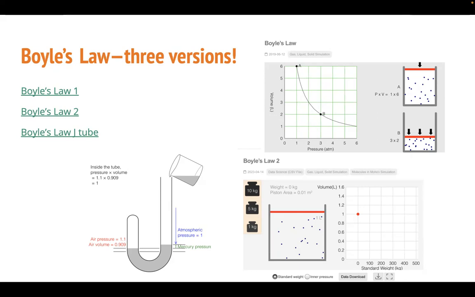But with definitely the Boyle's Law 1 and the Boyle's Law 2, you could actually make an entire lab out of that if you just wanted the students to really look at the relationship that's going on in these simulations. So that is something that is not typically seen in a lot of the simulations, the ability to download the data if you wanted to.